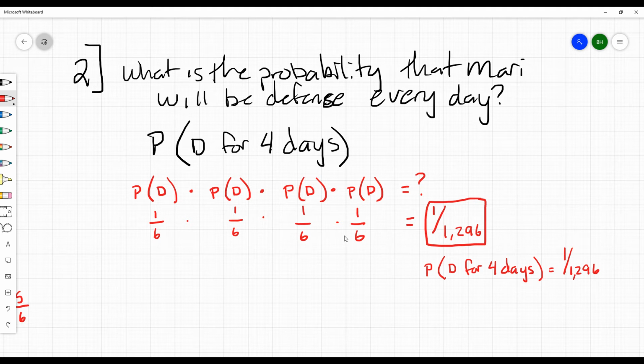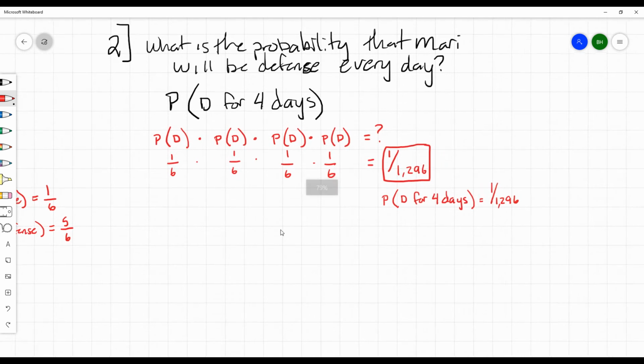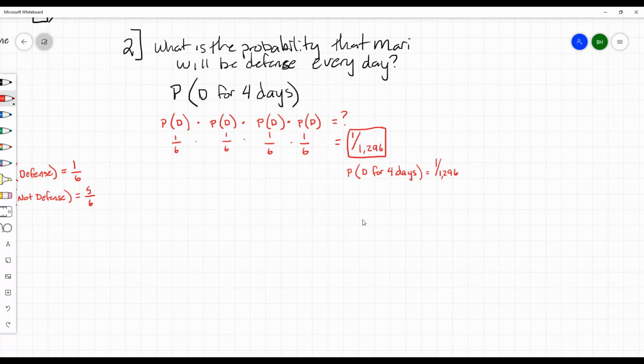Don't you think that's a very rare thing to happen? Well, if you're rolling a die and you needed to come up with a 1 out of 6 every single time, yeah, it's going to be a pretty big number. So we want to keep that in mind as we move forward, because if it's going to be rare for her to get all 4 days as the defense attorney, let's see what happens when we push forward and look at something else.